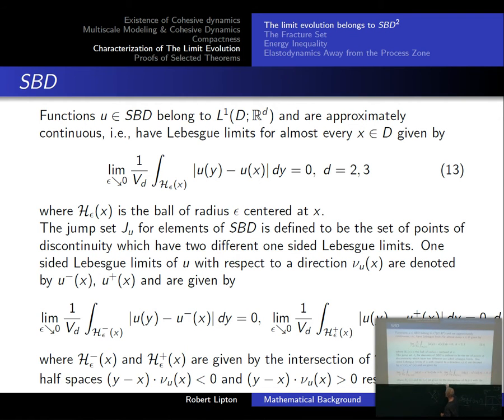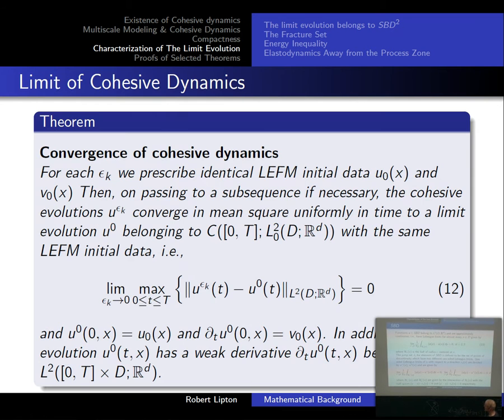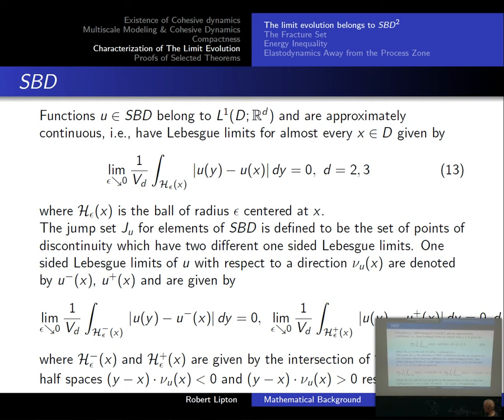So that's the usual. And then we have these one-sided Lebesgue limits, which are given by H minus epsilon, associated with the set of points to one side of the plane, and H plus epsilon, which are points on the other side of the plane.